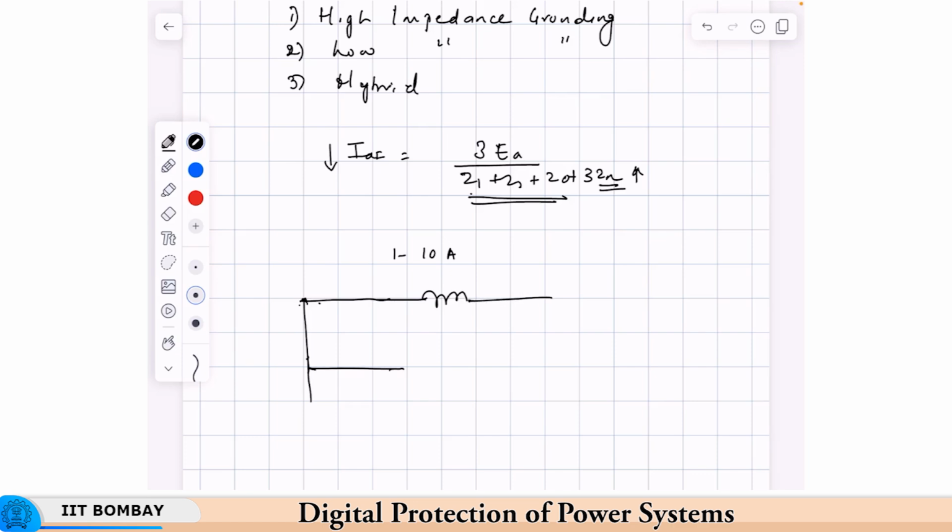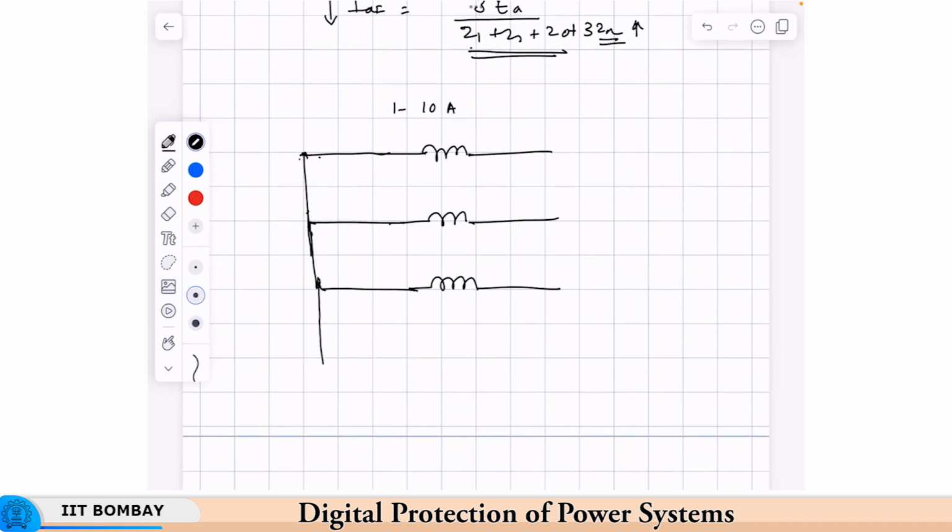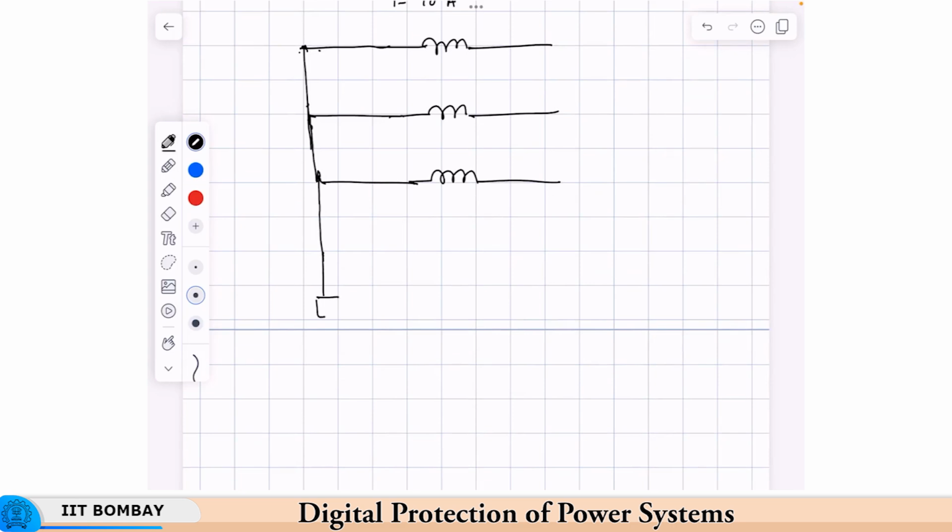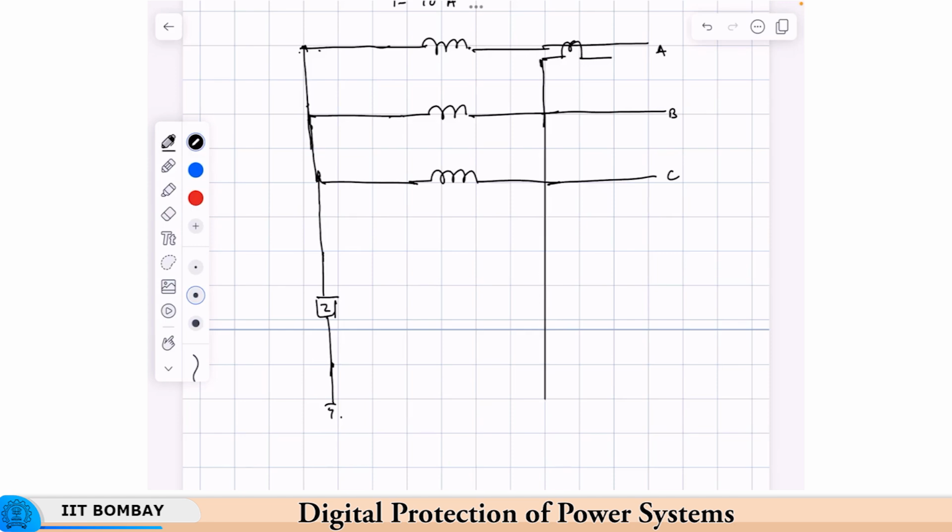Just drawing the generator again. The phase A, B and C. Okay, and this is grounded through an impedance Z. So, the CTs will be provided like this. This is the earthing symbol.